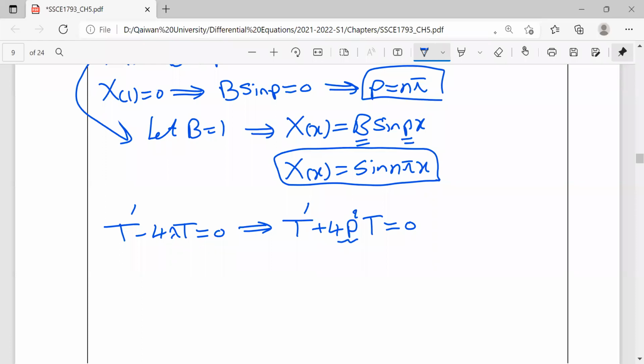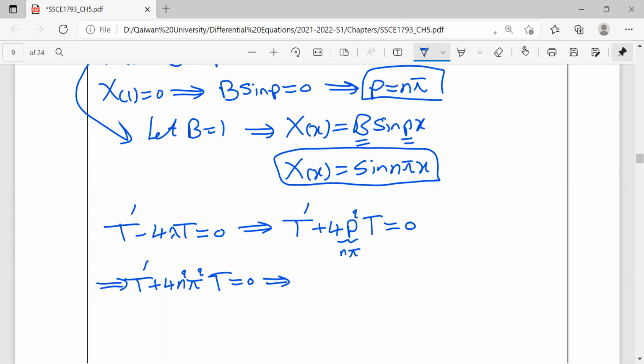But we found p. P is n pi. We replace p by n pi, and we get t prime plus 4 n squared pi squared t equals 0, since p squared is n squared pi squared. From this, it is first order and separable, so you can apply the separable method to find the solution.